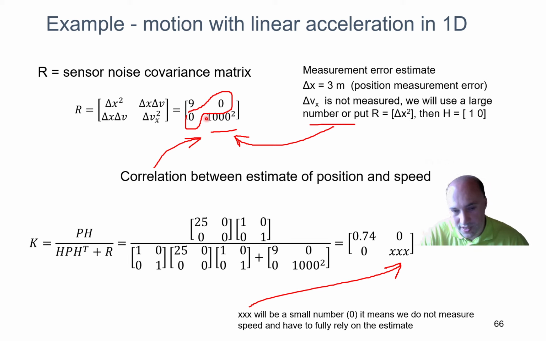So I have chosen here just a nice round number, 1000 squared. In effect, this will tell me that I do not have any confidence in the data about the measured speed, which I don't have. So I may produce a random signal, for example, and I measure only my position.